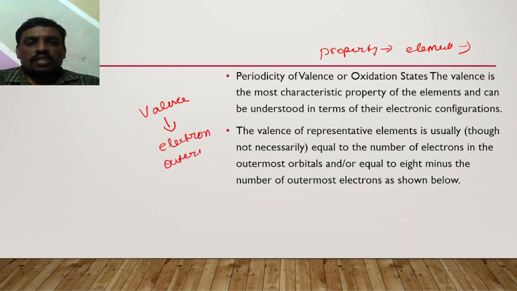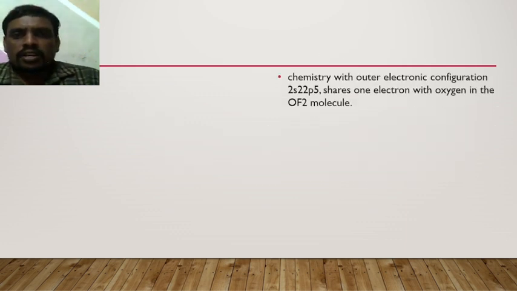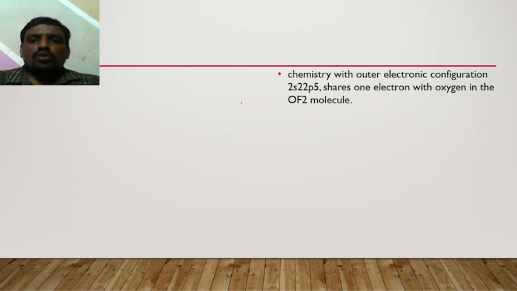Now consider fluorine with outermost electronic configuration 2s2 2p5.